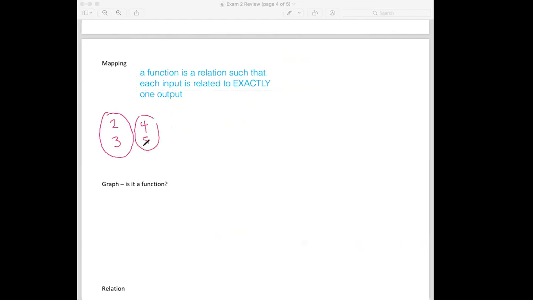This is the inputs, here are the outputs. 2 is related to 4, so that is exactly one output. That's good. 3 is related to 5, so that is exactly one output. So this is a function.